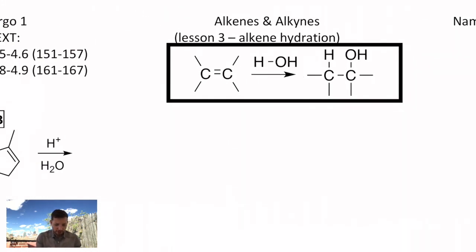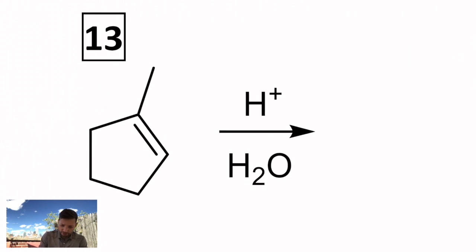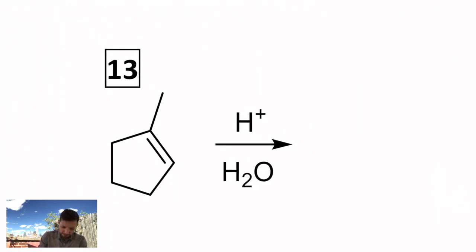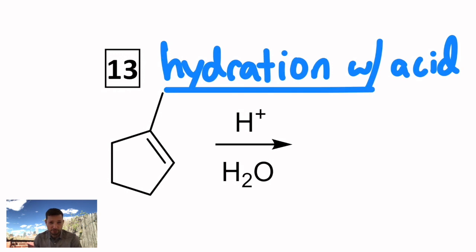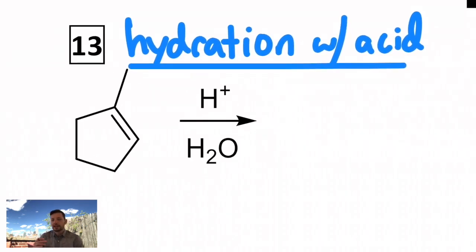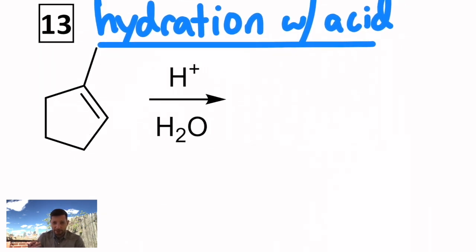The simplest one, which I'm just going to call hydration with acid, and I'm using the same methyl cyclopentene that we used in our previous lesson, again, just as an example of an alkene, but you can imagine virtually any simple alkene undergoing these types of reactions. If you treat an alkene like this, you actually get the opposite of what you get for a dehydration.